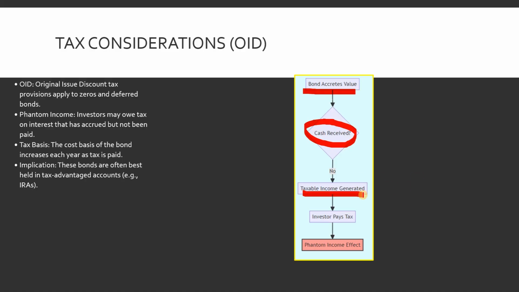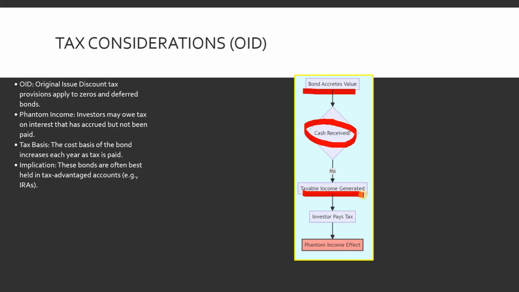You have to pay the income tax on the generated income. The final red box highlights the phantom income effect, emphasizing the disconnect between cash flow and tax liability. So that is what you need to remember. What is the phantom income effect? It emphasizes the disconnect between cash flow and the tax liability.